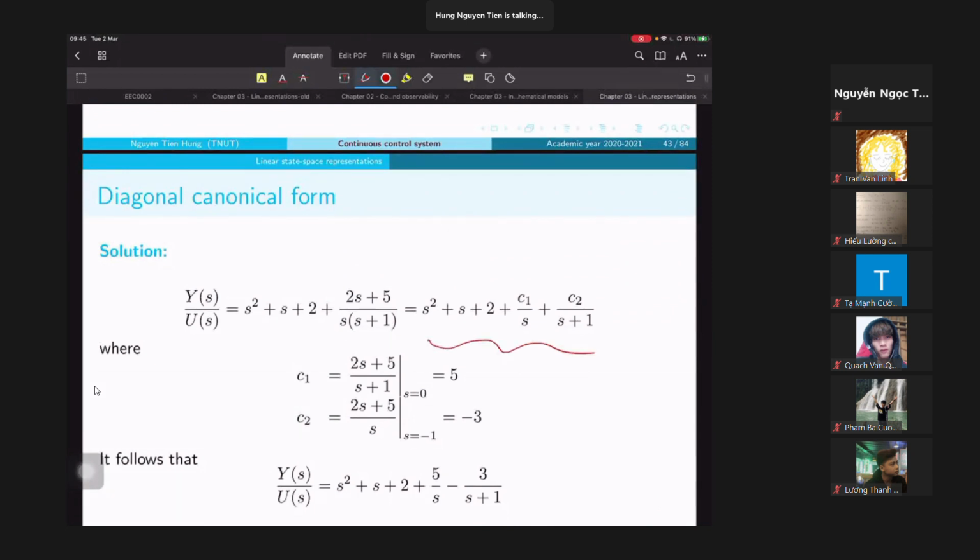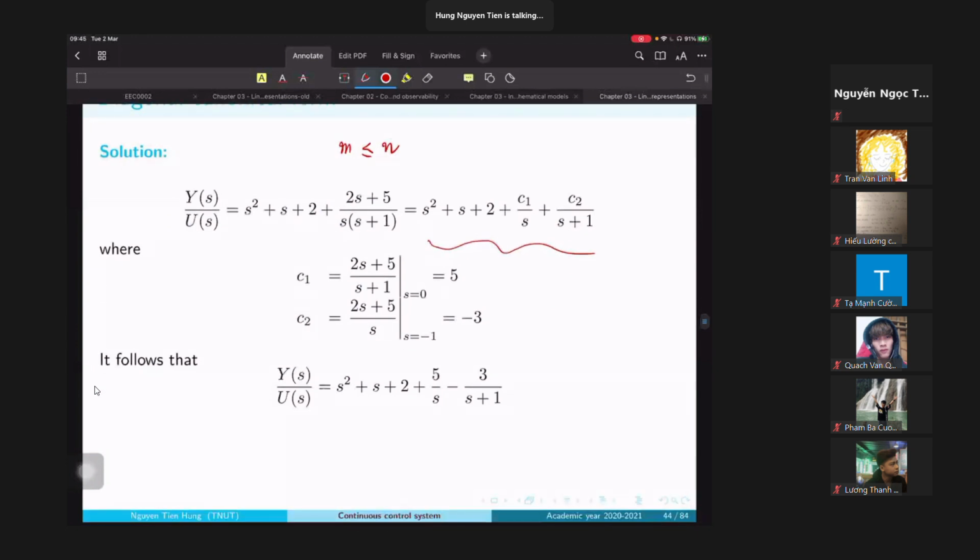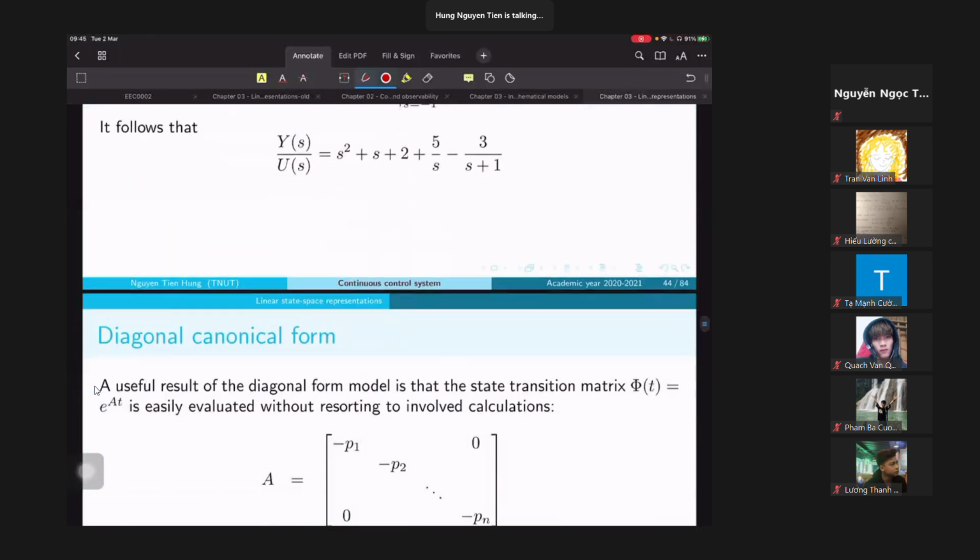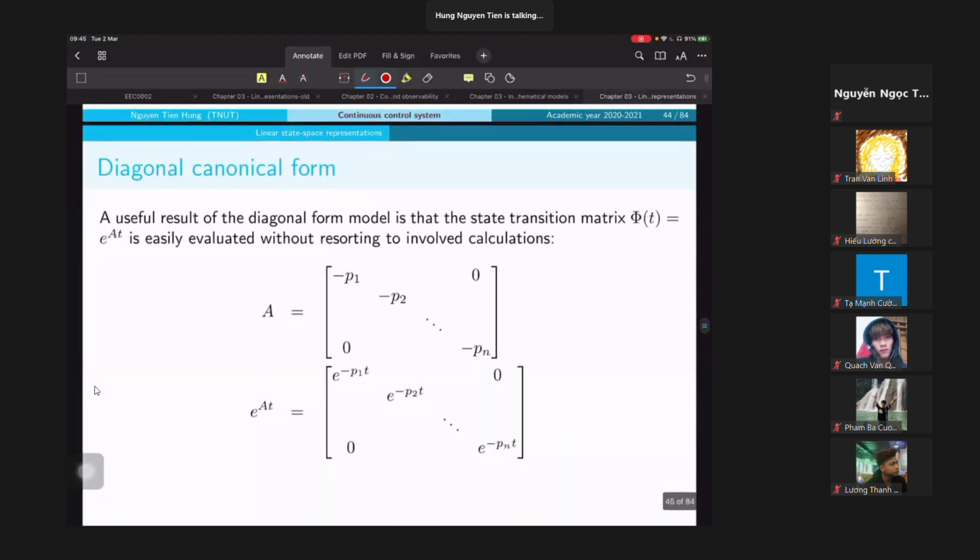But this does not exist in a technical problem, because for the technical problem, it only requires that M is smaller than or equal to N. The order of the numerator is less than or equal to the order of the denominator. Okay, so we just represent it in this form, but we will not use this.